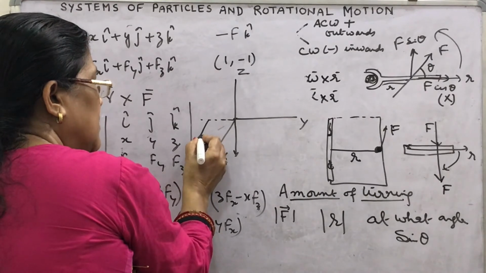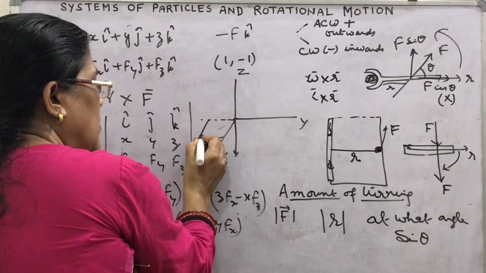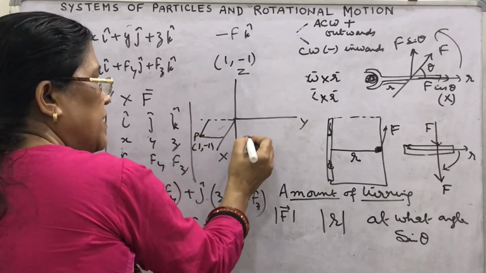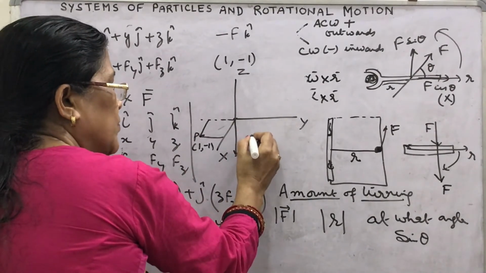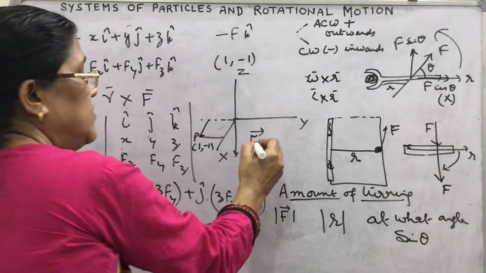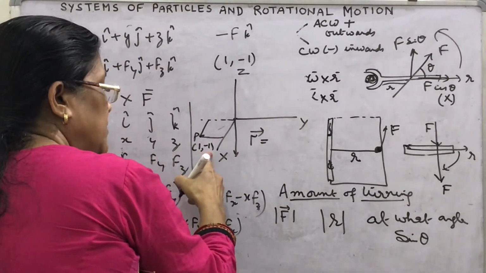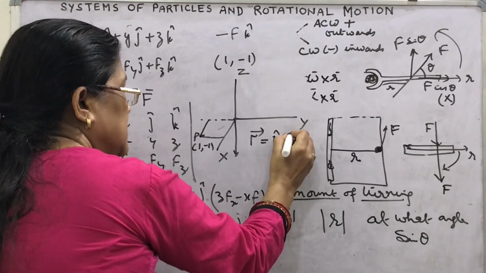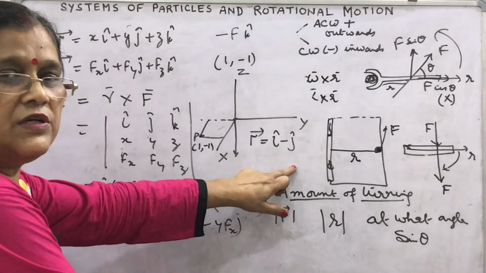This will be the point P having (1, -1). What will be the position vector for P? You know what R will be here. You should learn to write this position vector for P as i minus j. K will be 0, it is not given.